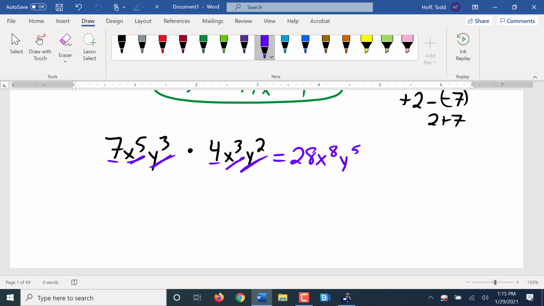When we're multiplying, we have to make sure we have the same base on our exponents. That's why we can combine the y's with the y's and the x's with the x's. When we're multiplying two exponents that have the same base, we can just add the powers. 5 plus 3 makes 8.